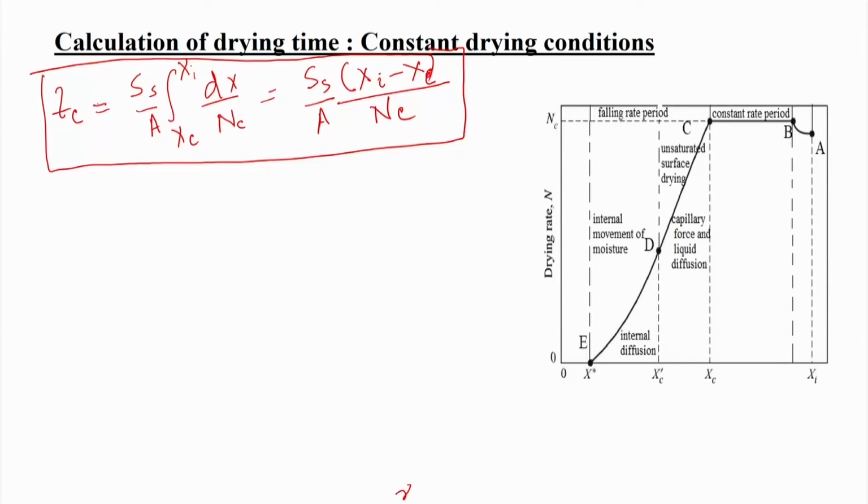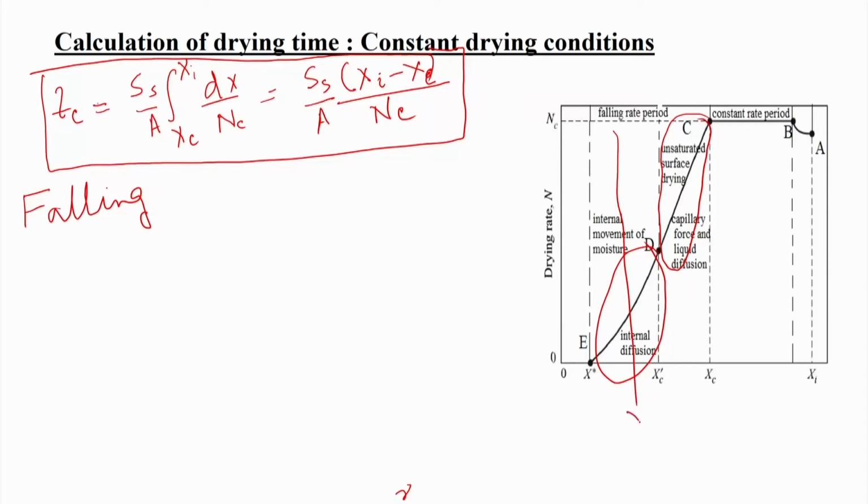Now, we are more interested in the falling rate period. I told you in the beginning that for the falling rate period, it is the first falling rate period and then the second falling rate period. Let us take this as xf. In the falling rate period we will be taking two cases actually.